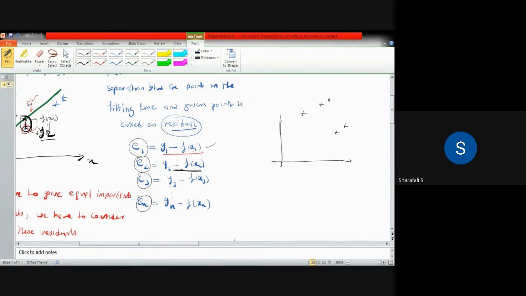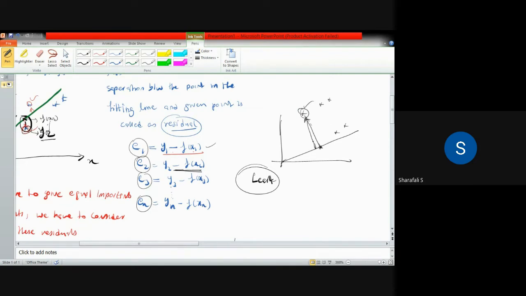If you consider a line like this, then that is not the best fit, right? So the separation between this point and the point on this line has to be minimum. That is the condition. That is why it is called least square fitting. So this separation has to be minimum.